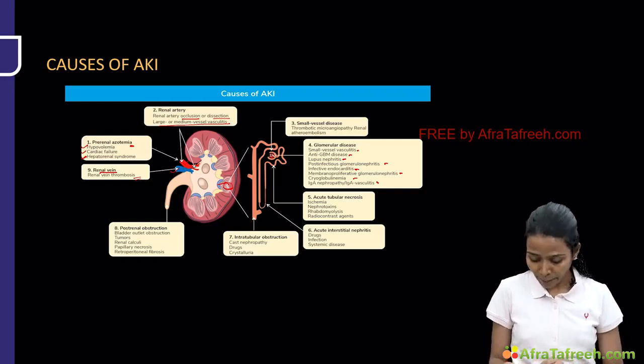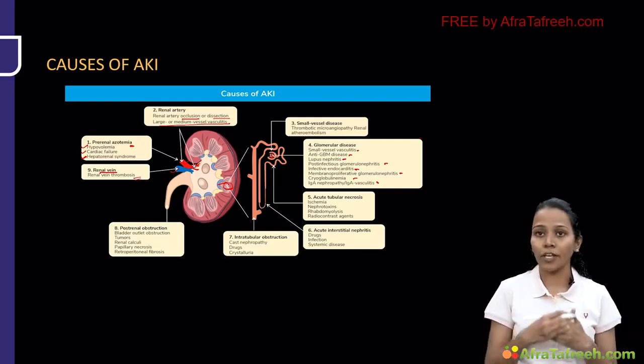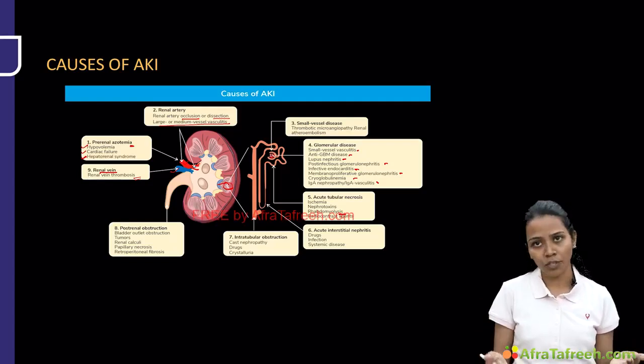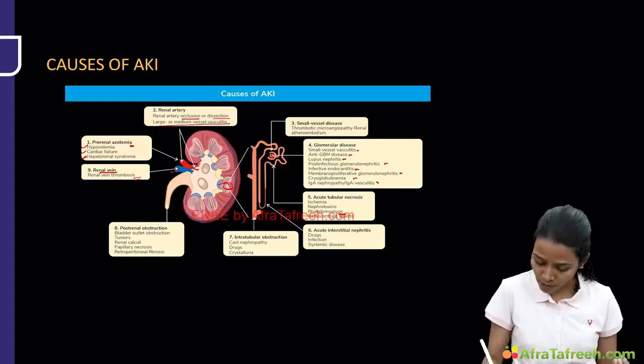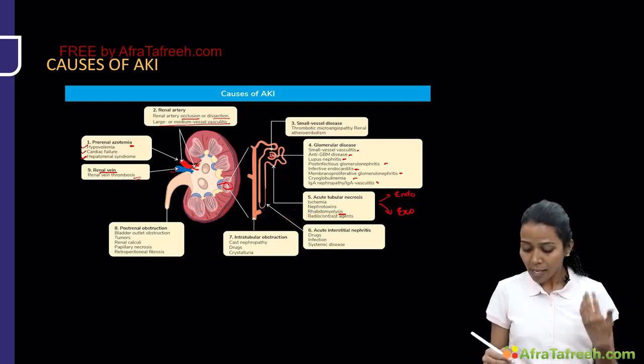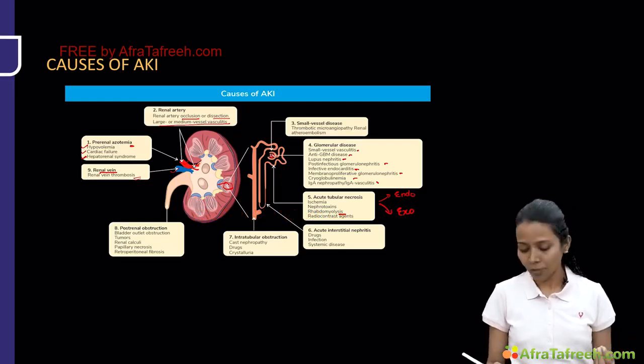Next, coming to the tubule, ATN. ATN, acute tubular necrosis, can happen because of endogenous or exogenous causes. Endogenous causes are rhabdomyolysis or intravascular hemolysis. Exogenous causes are any nephrotoxins or radiocontrast agents.